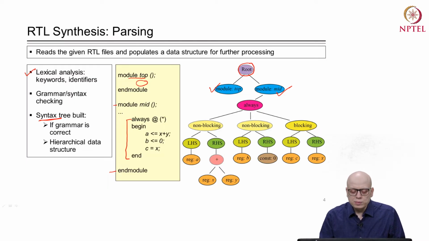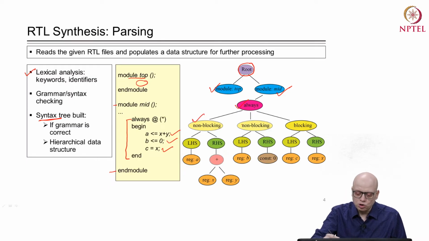In the given code, mid has an always block, so the always block is contained within mid and will be a child of the module mid. Within the always block there are three statements, and each statement forms one child. There are two non-blocking statements, so two children are created corresponding to those, and one child is created corresponding to the blocking statement.